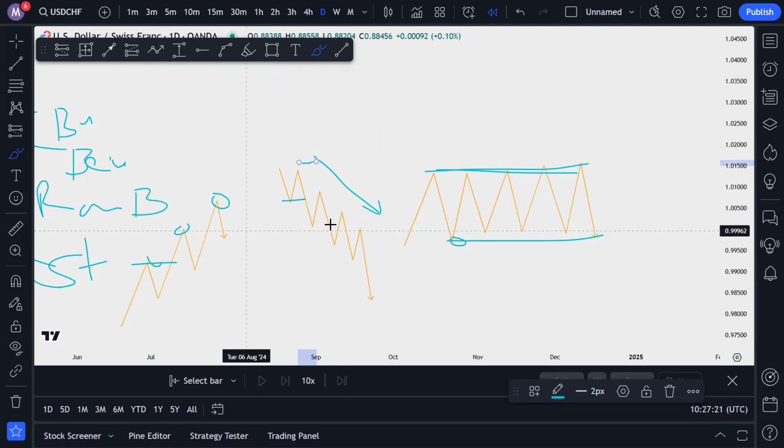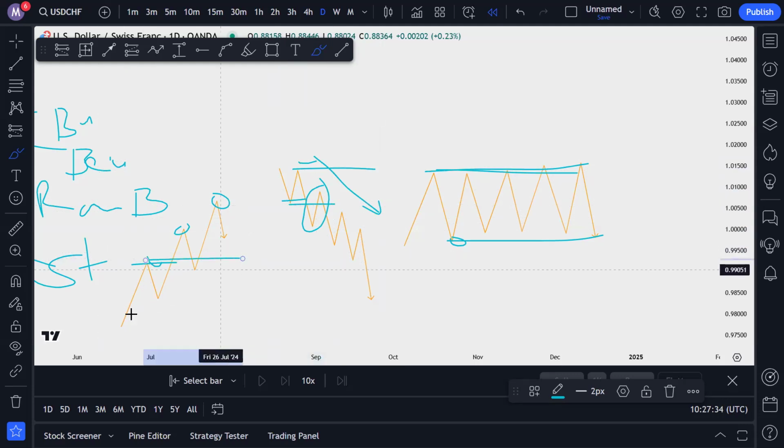So the reason why price performs these pullbacks to these areas of liquidity is for price to come and balance the market between the buyers and the sellers before it continues its way. That's why we always see these pullbacks inside these areas of liquidity.